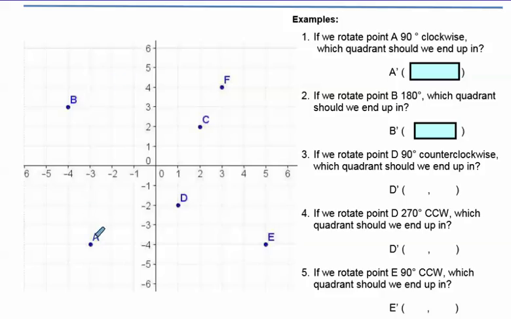We're going to end up in this quadrant right here. What quadrant is that? Yeah, we should end up in quadrant 2. So I usually write that to make a note to myself of where I should end up, and then I look and see if I actually got the correct answer.